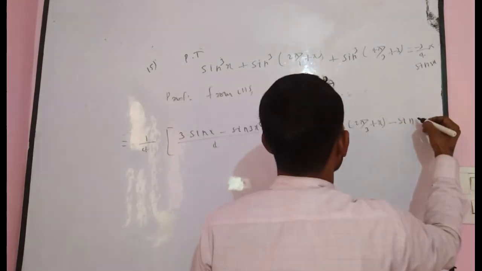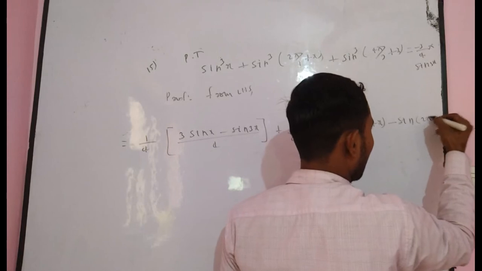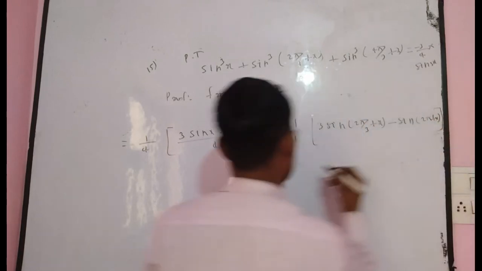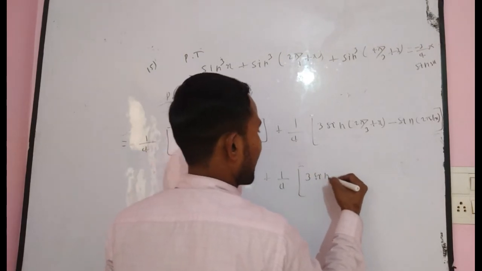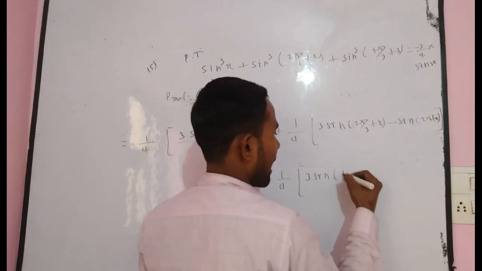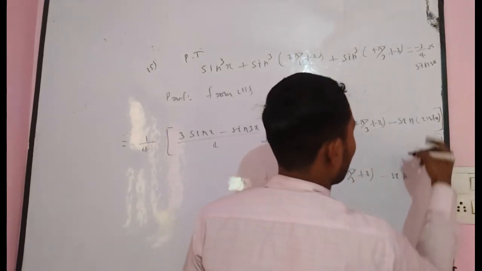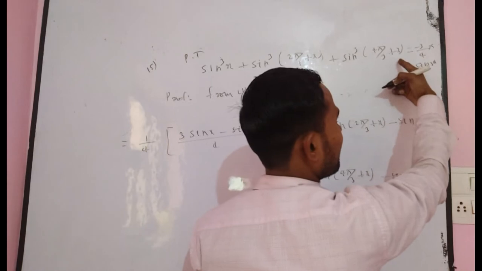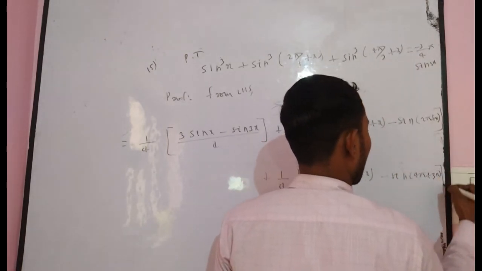In that case you get 2π + 3x, plus 1/4 times 3 sin(4π/3 + x) minus sin 3θ. If you multiply this angle by 3 you get 4π + 3x. Have you understood?